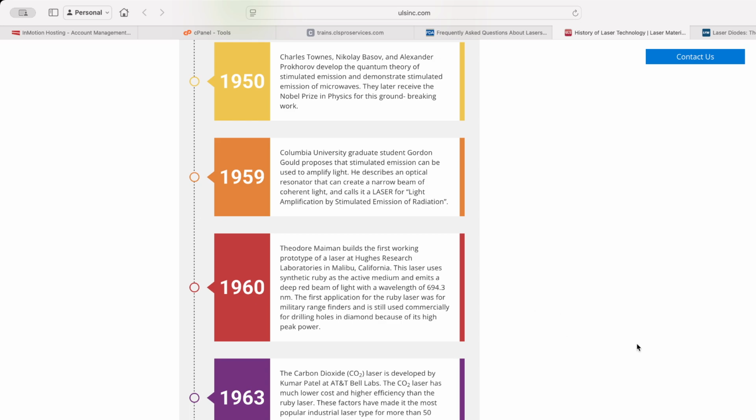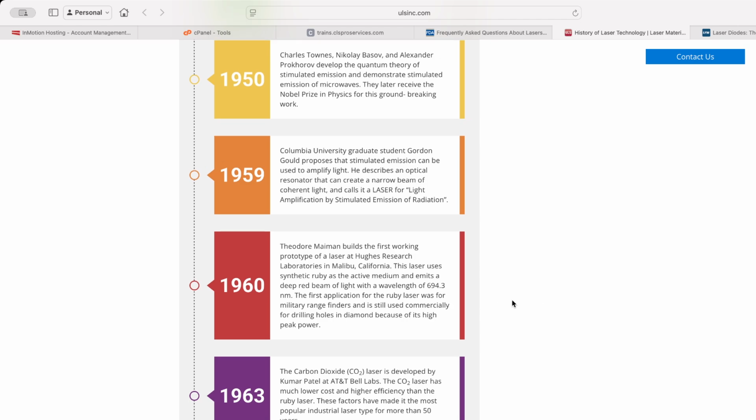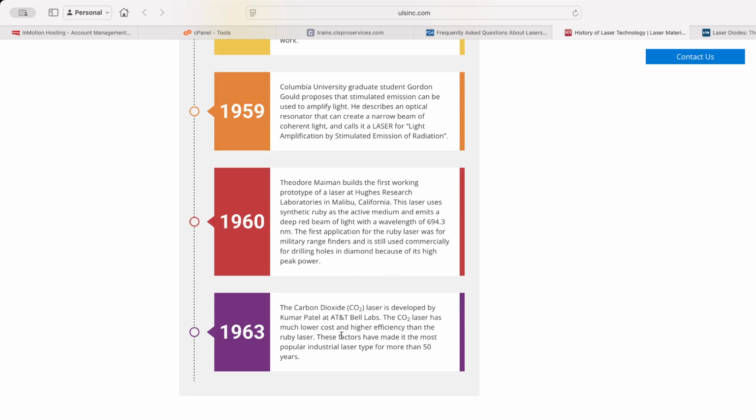They used the ruby laser back then mostly for military and some other things. And then CO2 lasers, which are very popular, came in 1963 because they were cheaper than the ruby laser.